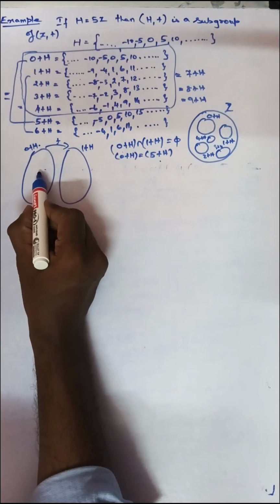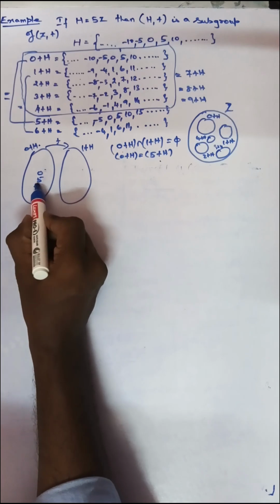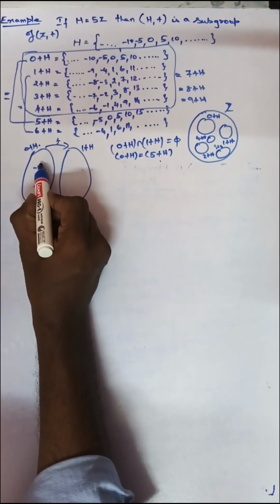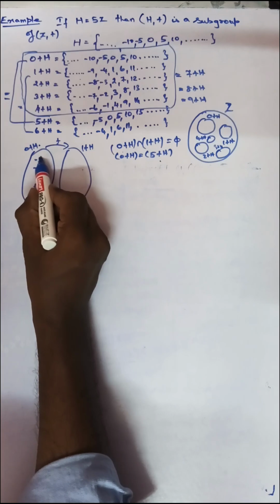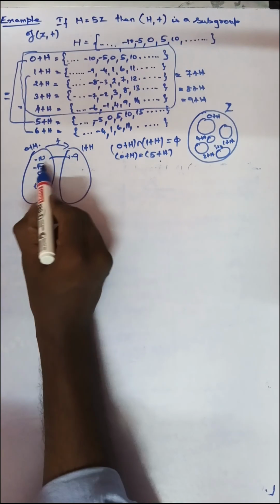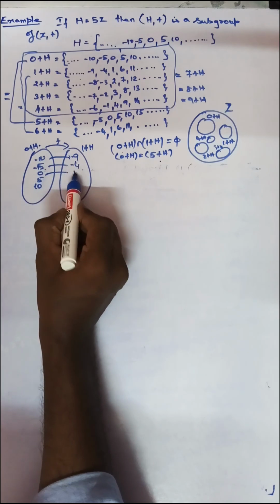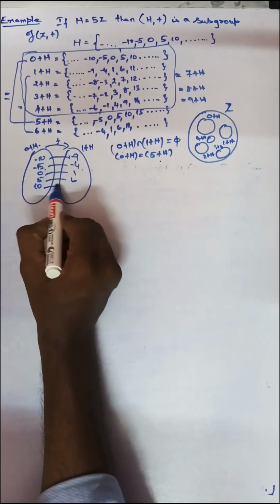So 0, 5, 10, minus 5, minus 10: if you add 1, these map onto minus 9, minus 4, then 1, 6, 11.